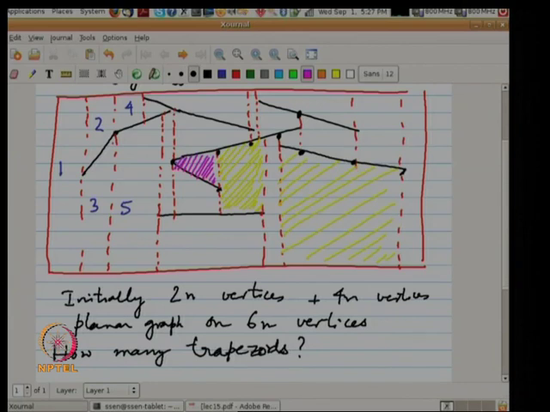A triangle is also looked upon as a trapezoid. So, every trapezoid has at most 4 sides. That means you can count by the number of faces, because these trapezoids are faces. Multiply this by 4 for one side, and count the other side. From there you can get the equation on the number of faces, which is basically the number of trapezoids.